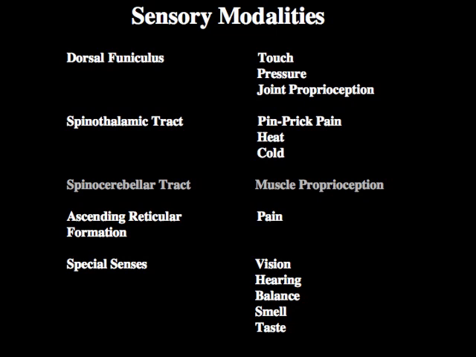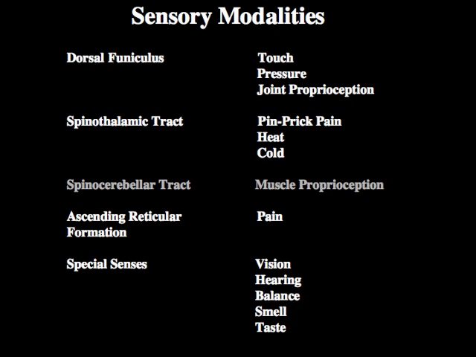The dorsal funiculus we met yesterday, dealing with touch, pressure, joint proprioception, and the spinothalamic tract, dealing with pinprick pain, heat and cold. The spinocerebellar tract, dealing with muscle proprioception, I've put in grey. It is a sensory modality, but it's not something that reaches conscious perception.